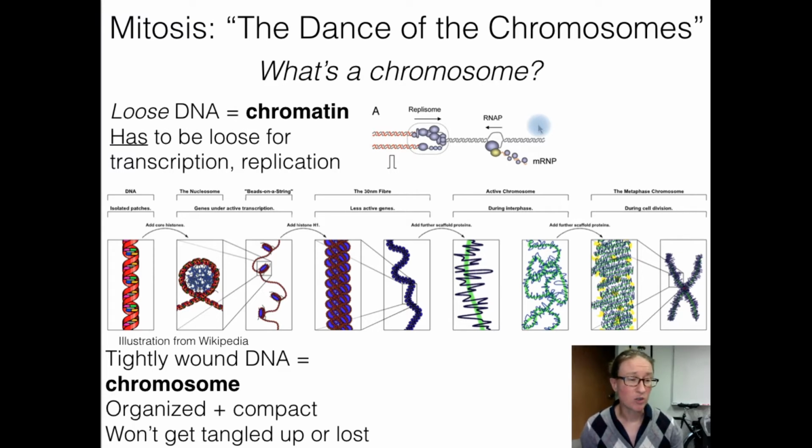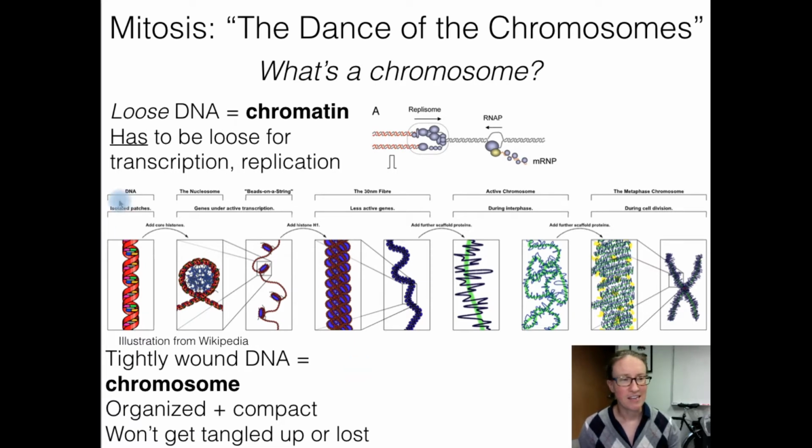In contrast, a chromosome refers to tightly wound DNA. And there are a lot of levels of organization to this winding, because if DNA were completely unwound, it would stretch for an incredibly long distance, and yet all that DNA has to be packed into a single nucleus.